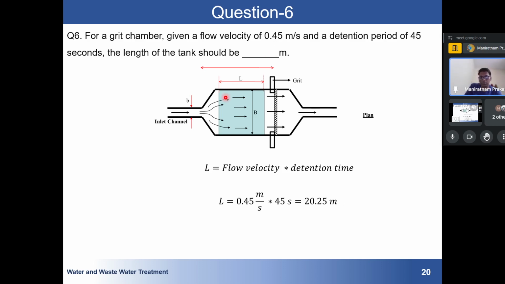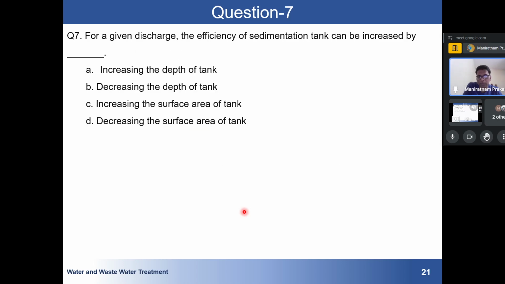This is a simple question. Just apply the formula. I was giving you a hint also that I have to travel from here to here at this velocity. So the length will be 20.25.